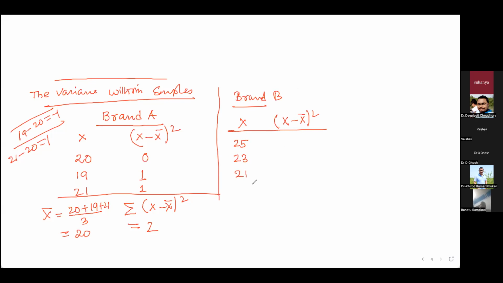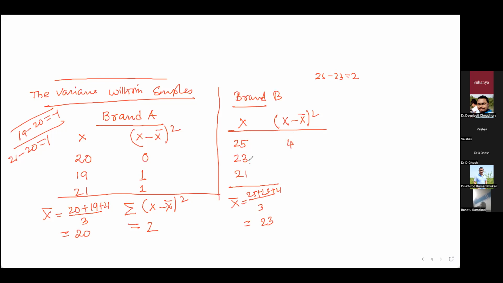As a result, X bar can be calculated as 25 plus 23 plus 21 divided by 3, and it comes to 23. So 25 minus 23 is 2, and 2 square will become 4.